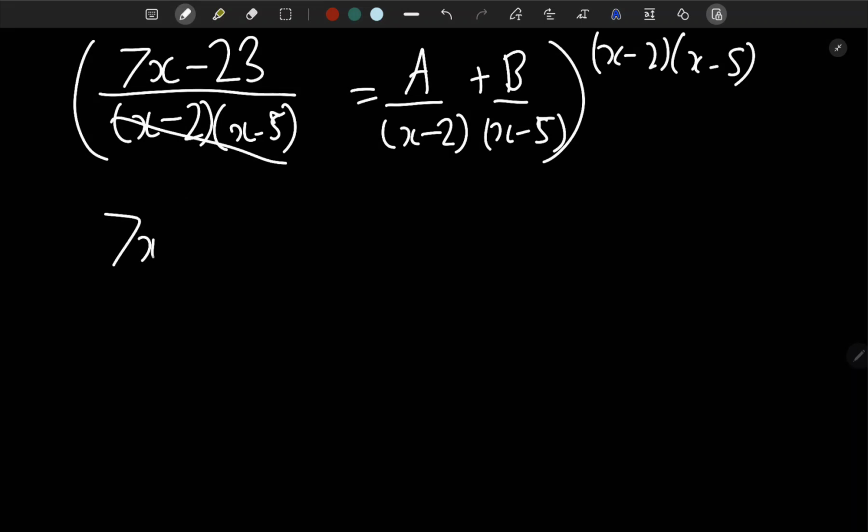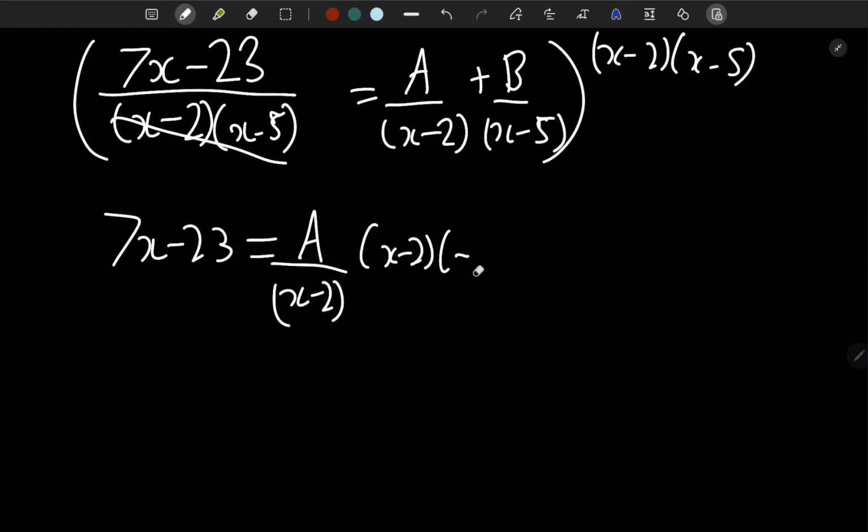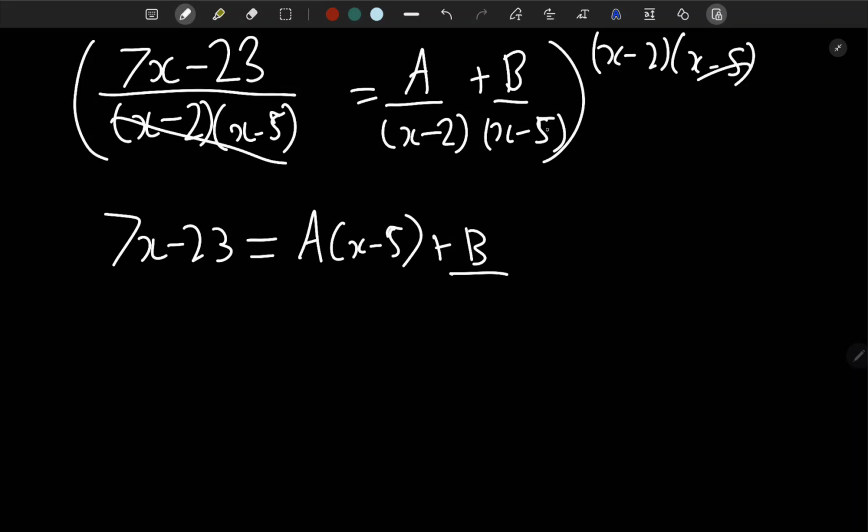We will be left with 7x minus 23 is equal to, now a over x minus 2 will be multiplied by x minus 2 and x minus 5, right? And we can cancel out x minus 2. So all that will be left for this one will be x minus 5, and for b it will cancel out x minus 5, and we will be multiplying x minus 2 with b.